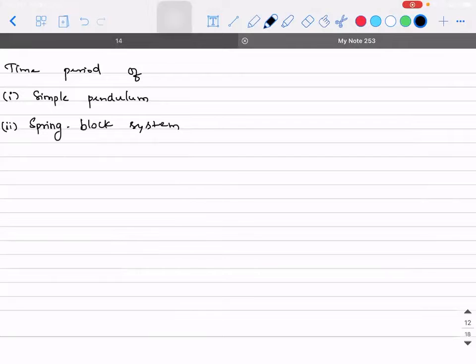Now, see, there are certain steps to be followed. The steps that I'm going to tell you are not only applicable for these two concepts, they are applicable for any problem you do in simple pendulum. Steps to be followed, any problem where you need to calculate time period.